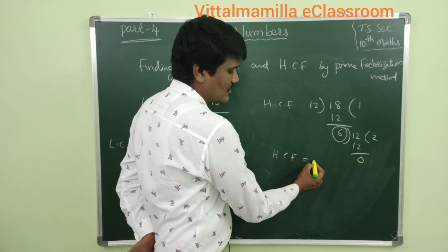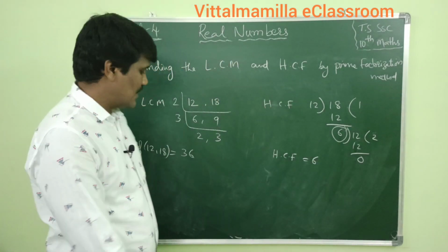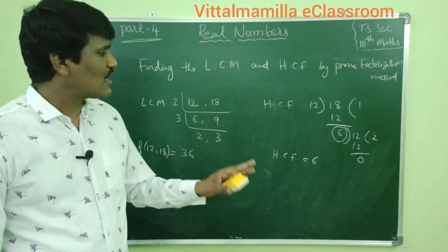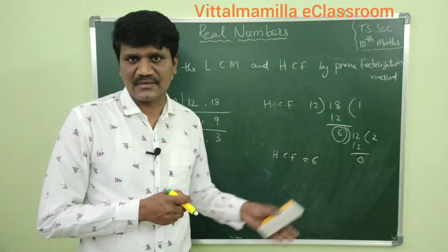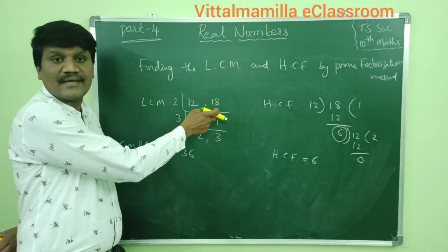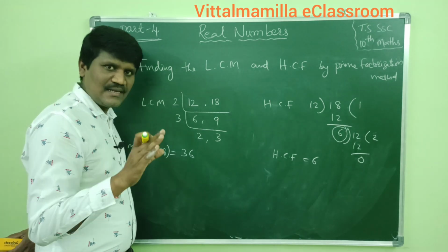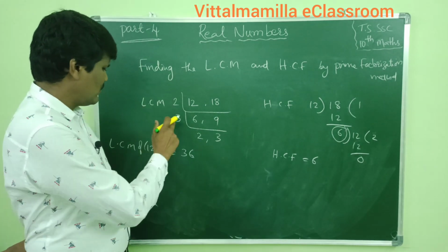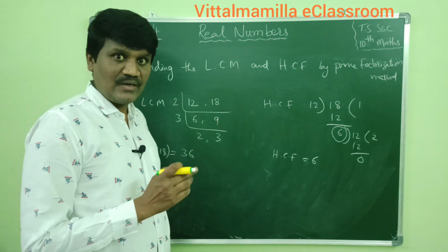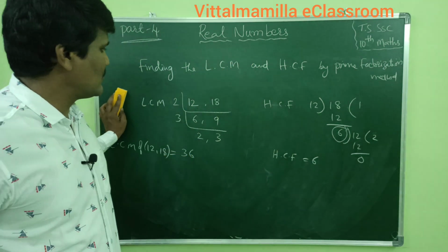HCF is equal to 6. LCM is 36, HCF is 6. This is the normal method, it's not the prime factorization method. Now let us see the same numbers, 12 and 18, and how to find the LCM and HCF. You know that LCM is 36 and HCF is 6. Now let us do it by the prime factorization method.